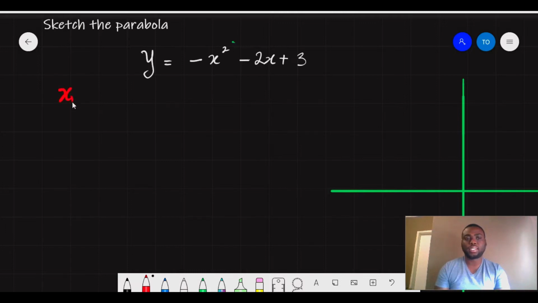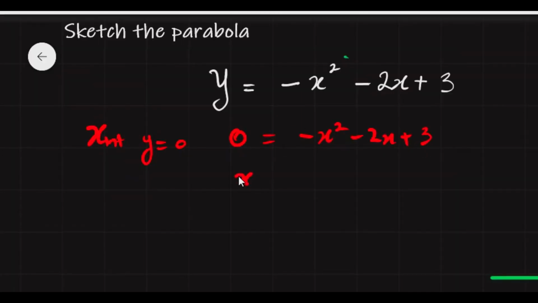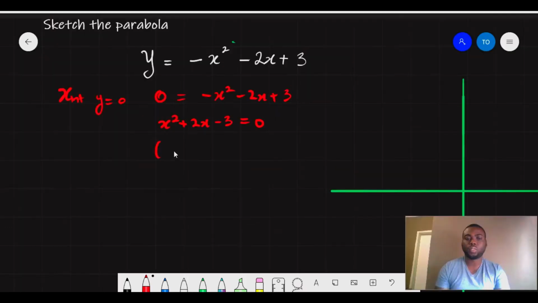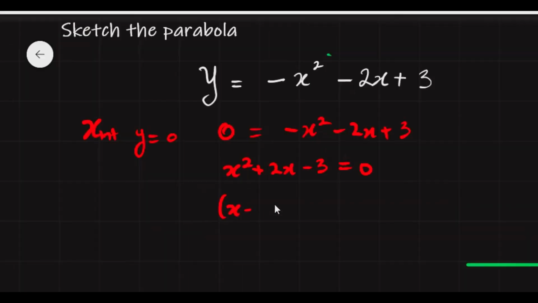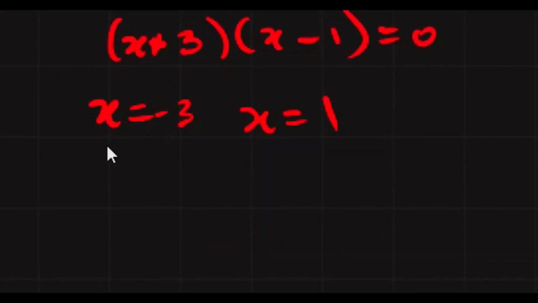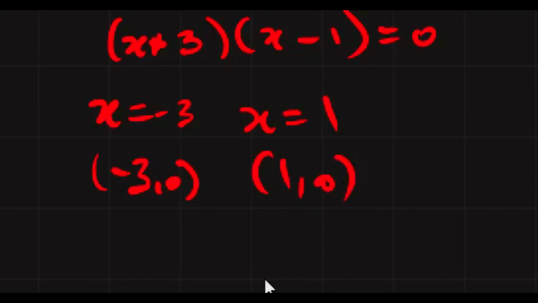To get the x-intercepts, we make y equal to 0. Then we factorize. The x-intercepts are negative 3 and 0, and 1 and 0.